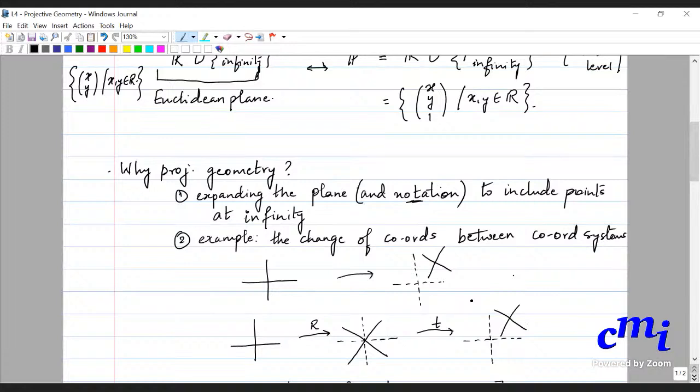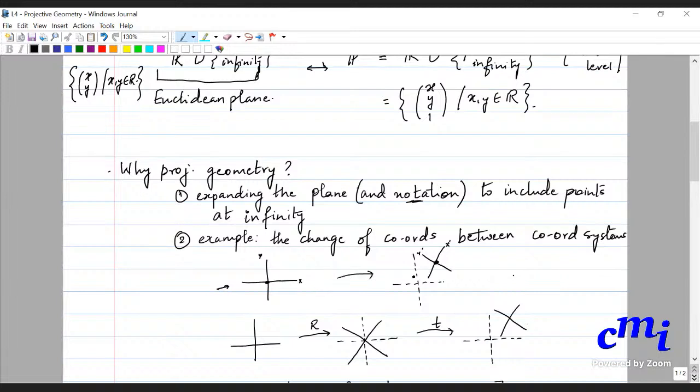Correct. In general, if you want to do change of coordinates, you are working, say, with this coordinate system, and suppose your new coordinate system is this. Your origin was here, and now you want to put the origin here. Your x and y axes were here, and now you want to call these x prime and y prime as your new coordinate axes.